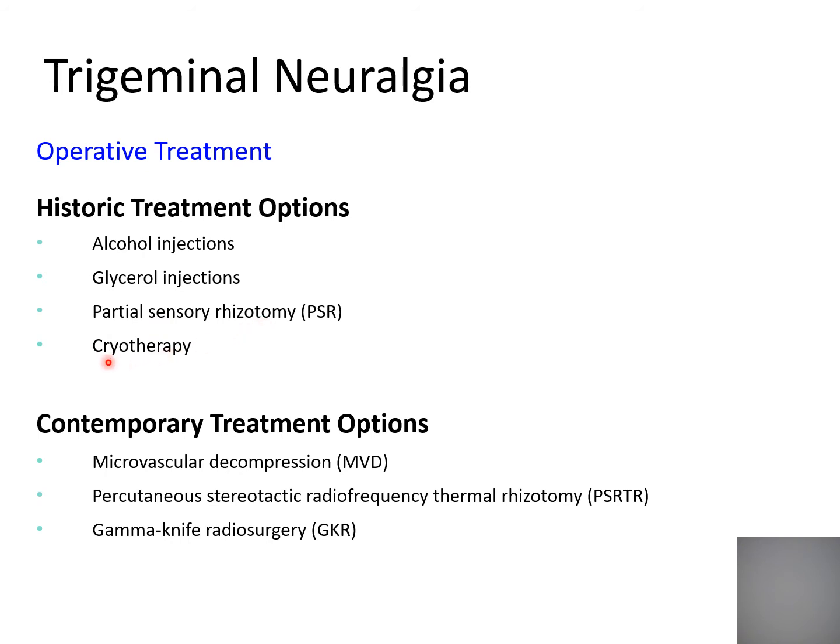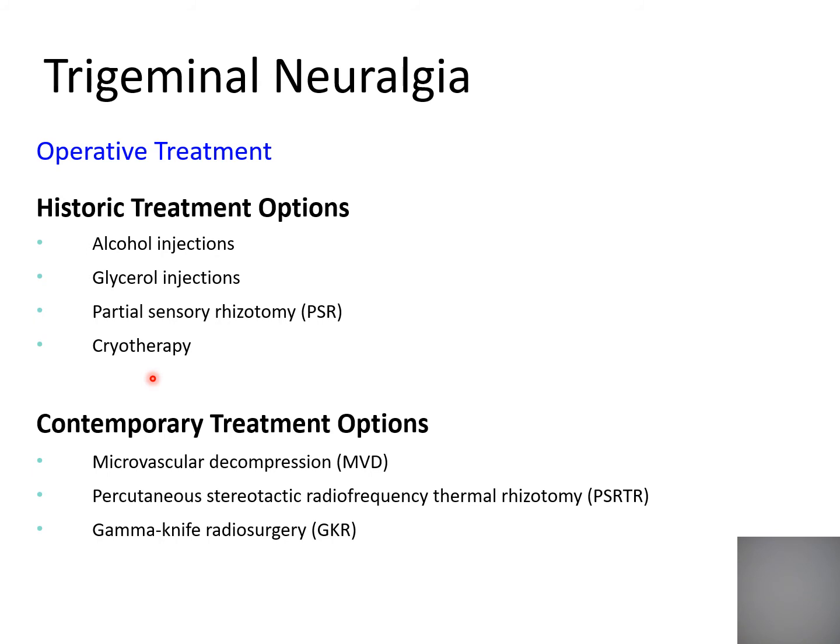And finally, cryotherapy, that is freezing the nerve. That was a popular option until the turn of the millennium. And since then, I don't know many centers who still do cryotherapy for trigeminal neuralgia.